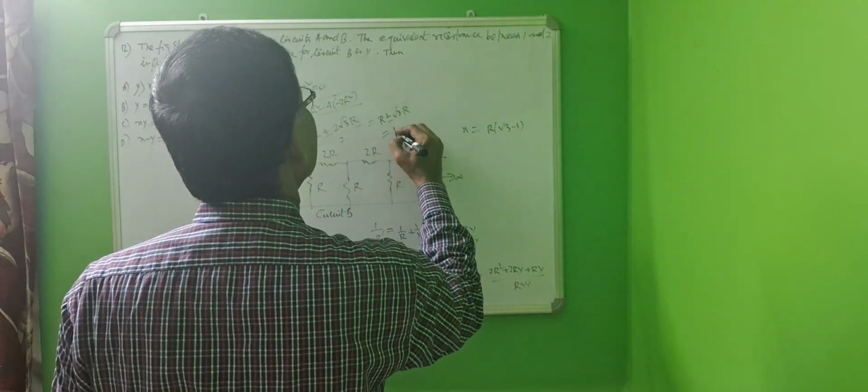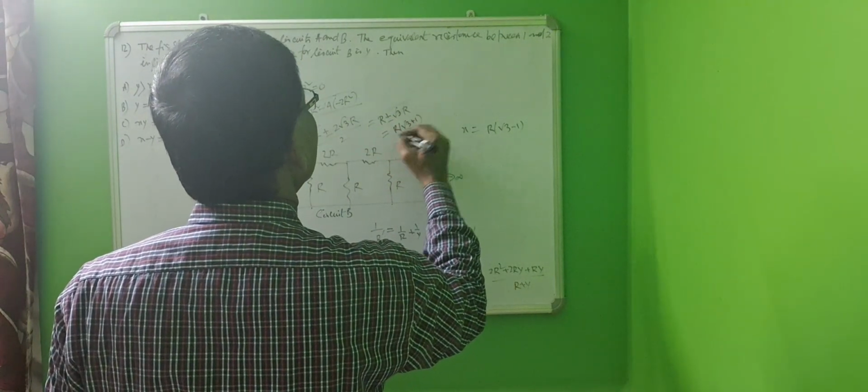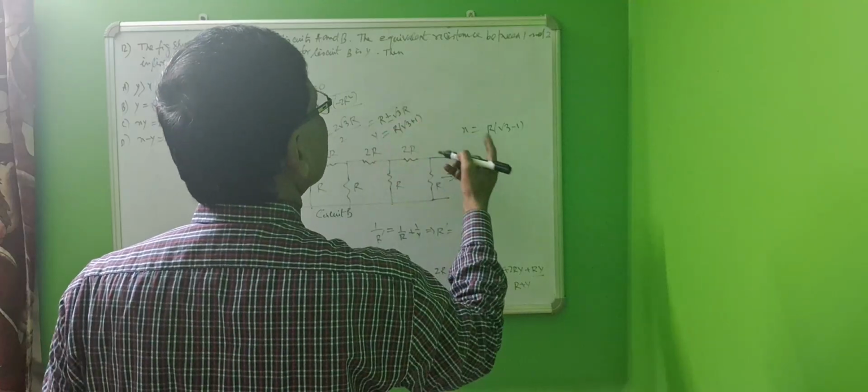So it should be written as y equals R times (root 3 plus 1), and x equals this.